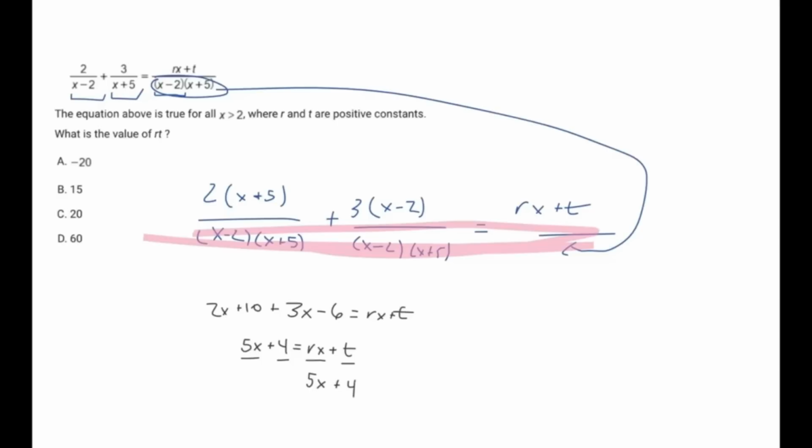And that's kind of funny because left side, 5x plus 4, right side, 5x plus 4. Those two are equivalent, and so we know r is 5 and t is 4. And so if they want us to find the value of r times t, 5 times 4 is positive 20, and so our answer is C.